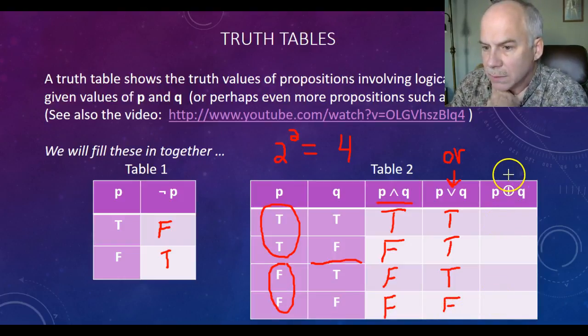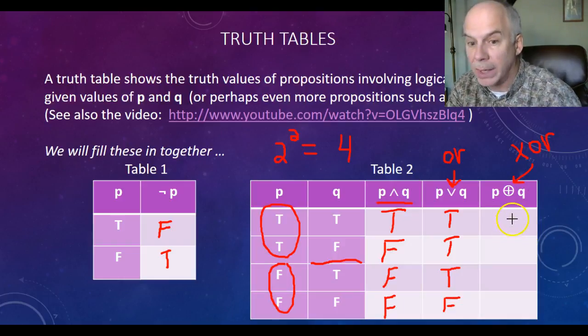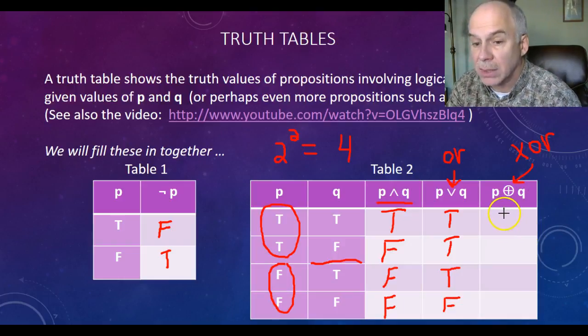In the exclusive or situation, you could call it the XOR, exclusive or situation, this last case. It's exactly one has to be true. Now in the first row, we don't have exactly one, we have both of them. That's not exactly one, so that's going to be false.